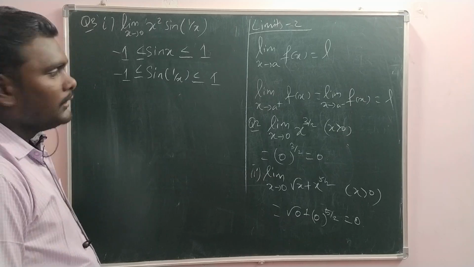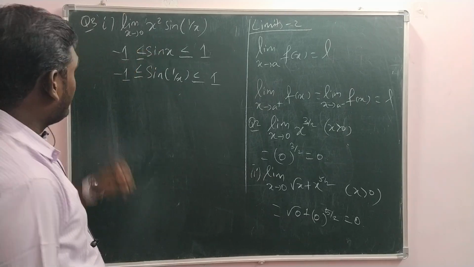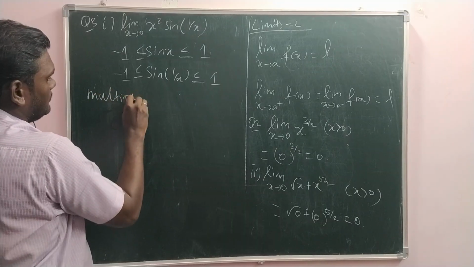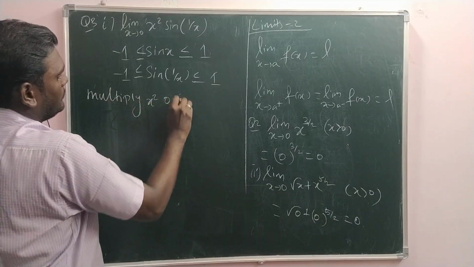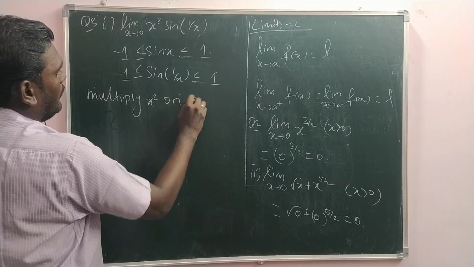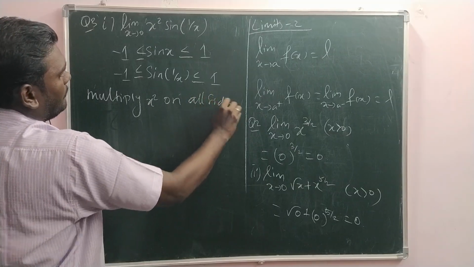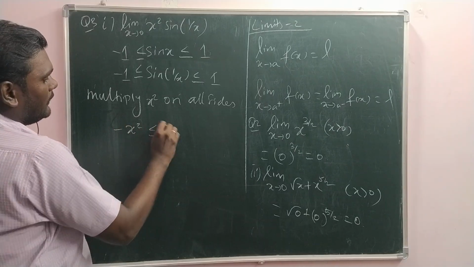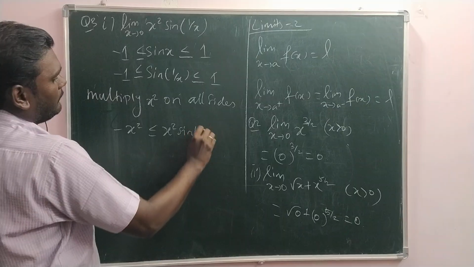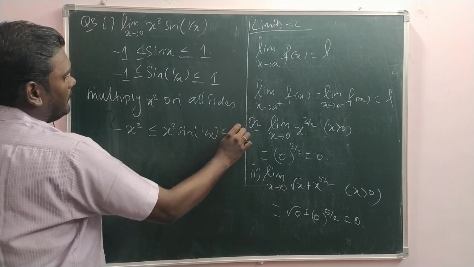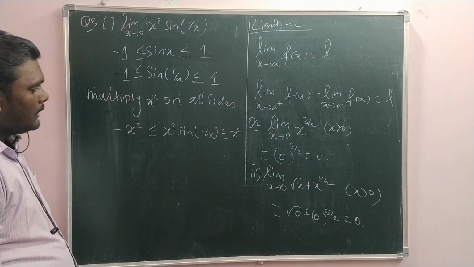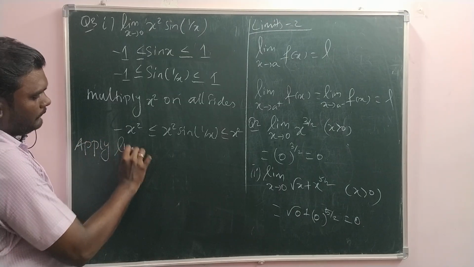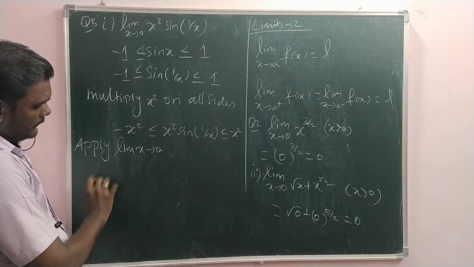Okay. Now we are looking for x square. So we'll multiply x square on all sides. Then we'll get minus x square less than or equal to x square sine of 1 by x less than or equal to x square. Now apply limit x tends to 0.